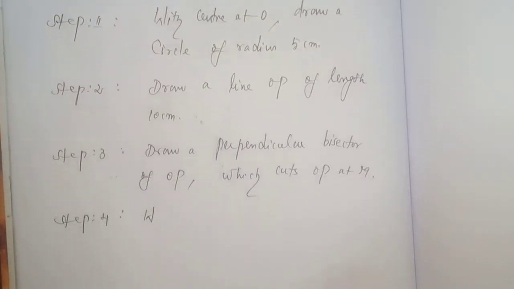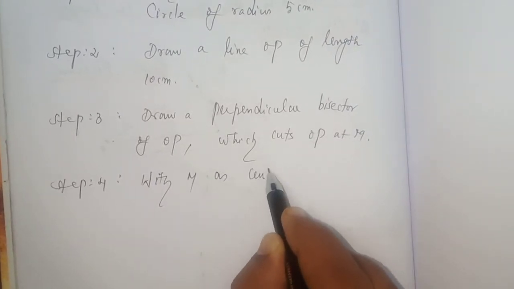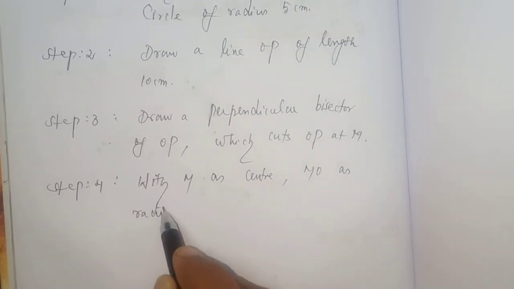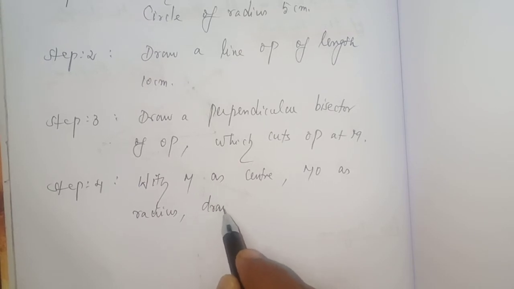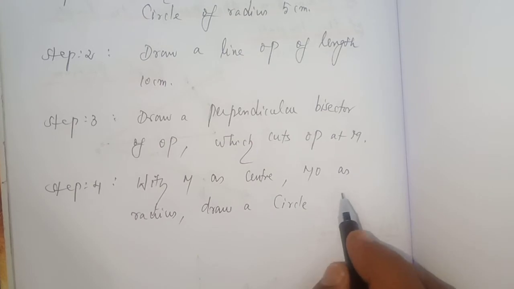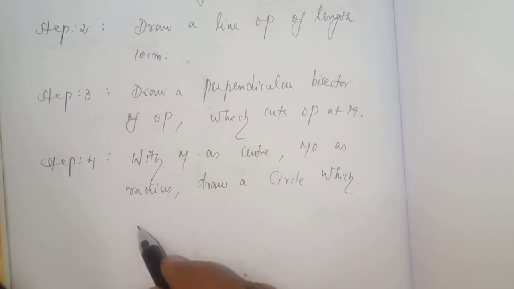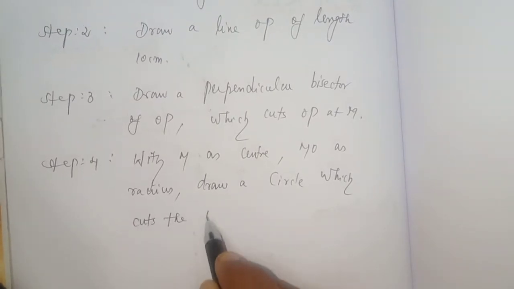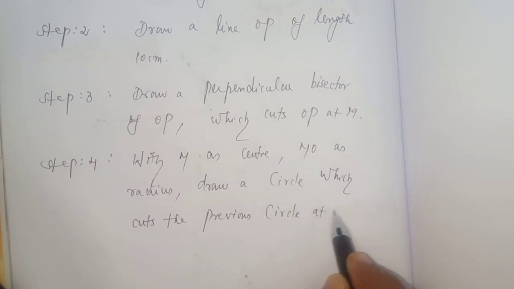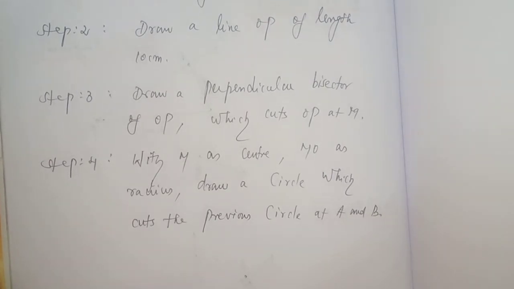With M as center, MO as radius, draw a circle which cuts the previous circle at A and B. Now step number 5.